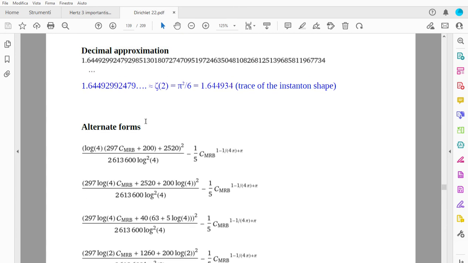Also in this work we can observe that the so-called recurring numbers are 1729, 4096, zeta 2, and pi, given by the 15th root of 1729.